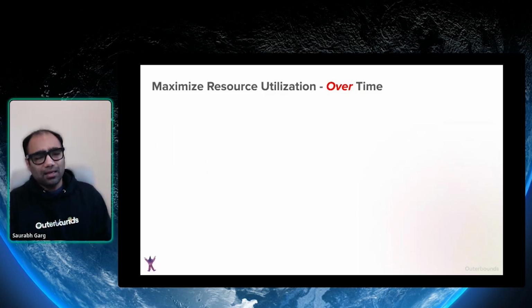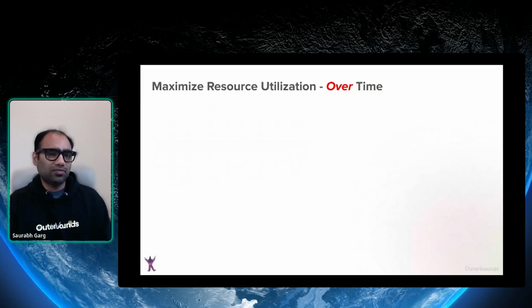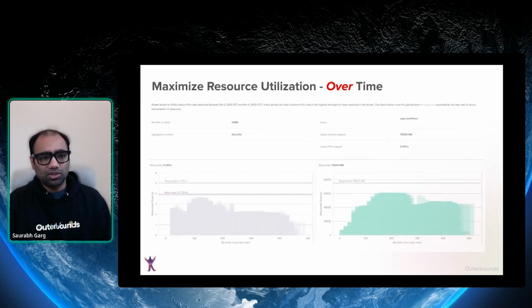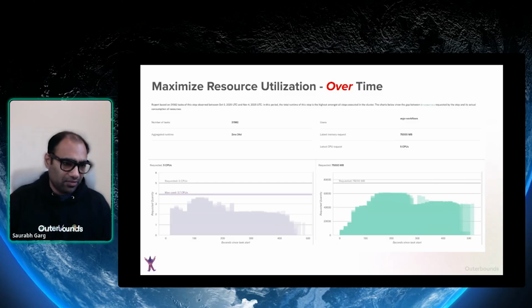Now, while just-in-time metrics are a good sense, you do want to understand how resource utilization works over time. In this graph, I have two graphs. On the left, I have CPUs, and on the right, I have the memory usage for the same workload. On the x-axis I have time in seconds since task start, and on the y-axis I have how much quantity has been requested.